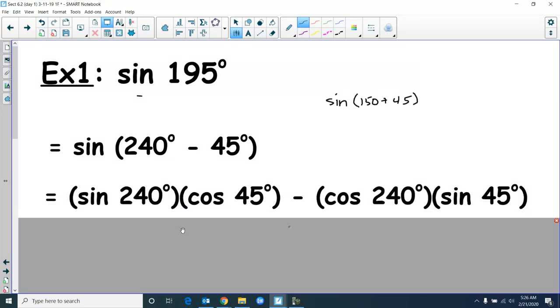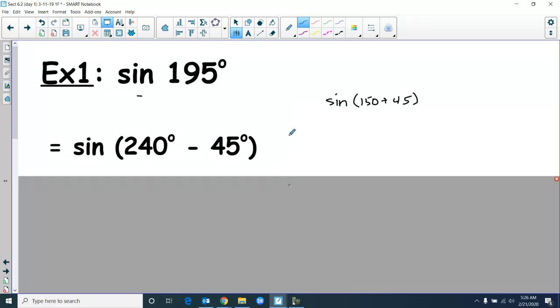Well, since that's a minus sign, if you look at your identity sheet, the sine of alpha minus beta is equal to the sine of the first angle times the sine of the second angle plus the cosine of the first angle times the sine of the second angle.